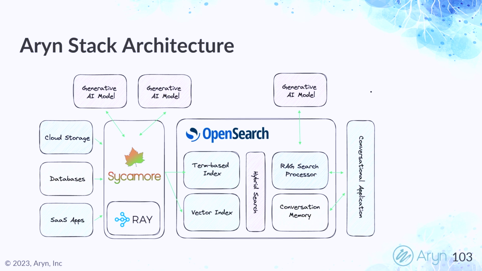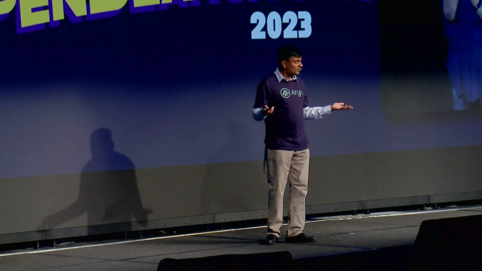So digging in, let's talk a little bit about how the RAG search processor works. It's actually pretty straightforward. The nice thing is it's integrated into OpenSearch. So it scales and works with all of your security policies.